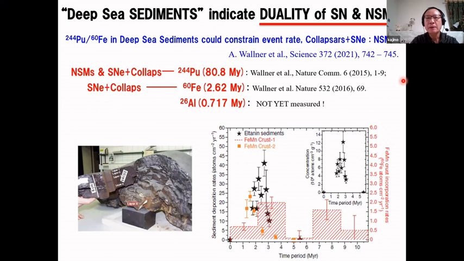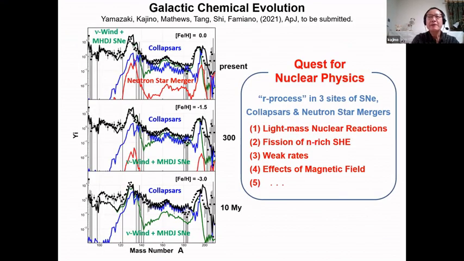Okay, now having this result, it is time for us to discuss the quest for nuclear physics. We know that in neutron-driven wind supernovae and MHD jet supernovae, not only heavy neutron capture and beta decay, but also light nuclear reactions are important. Is it so as well for collapsars or neutron star mergers?